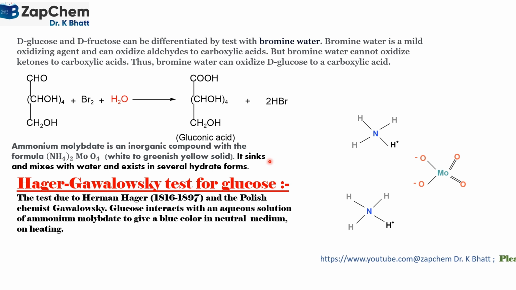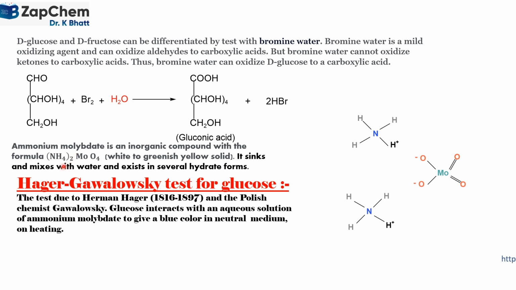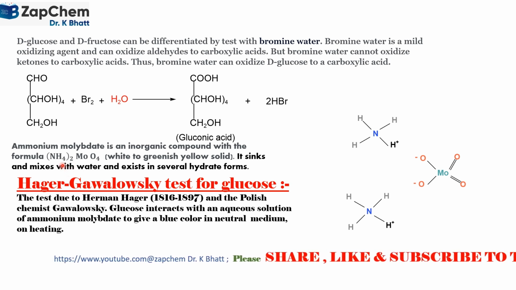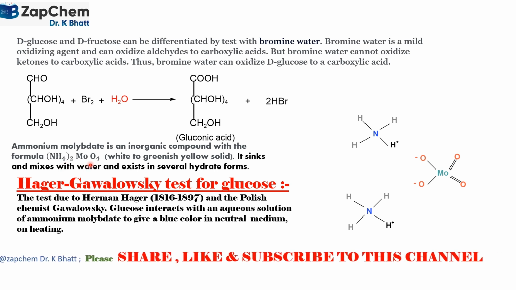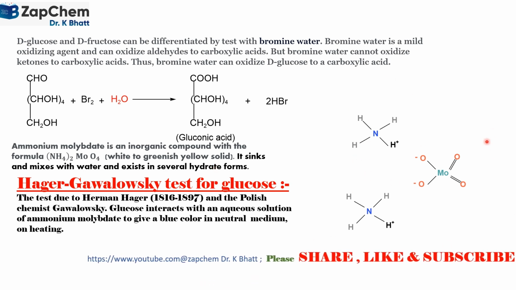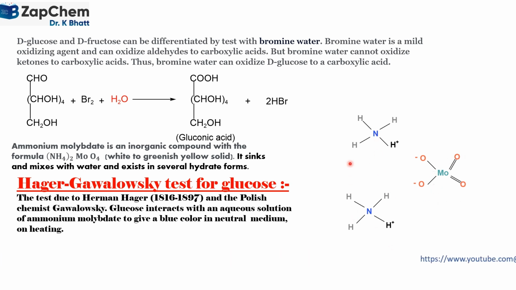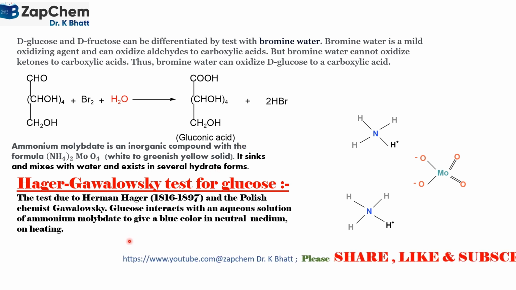Then there is another test, that is the ammonium molybdate test. We have to understand the formula of ammonium molybdate. It is well known to us because we test the phosphate anion by using ammonium molybdate solution. It is a white to greenish yellow solid and has a structure like this: a negative molybdate ion with two ammonium ions attached to it as cations.